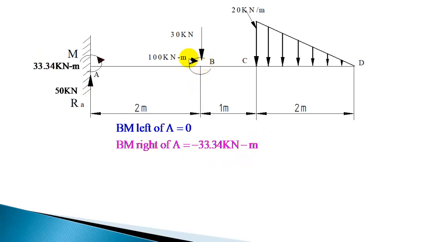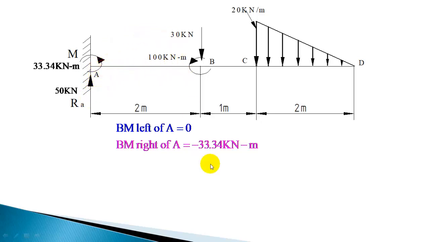Again, when you move to the next section, that is left of B, the couple is acting, you have to take left side and right side. So left of B, you have this couple and bending moment produced by this reaction. So this couple will not be considered when you take left of B. So you get minus 33.34 plus 50 into 2, the moment produced by 50.